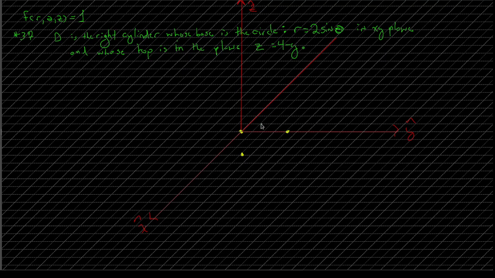Oops, that's not a radius of 1 at 30 degrees. What is 1 projected into x? That would be root 3 over 2, which is about 0.8 and about a half. So at 30 degrees, I'm about here.